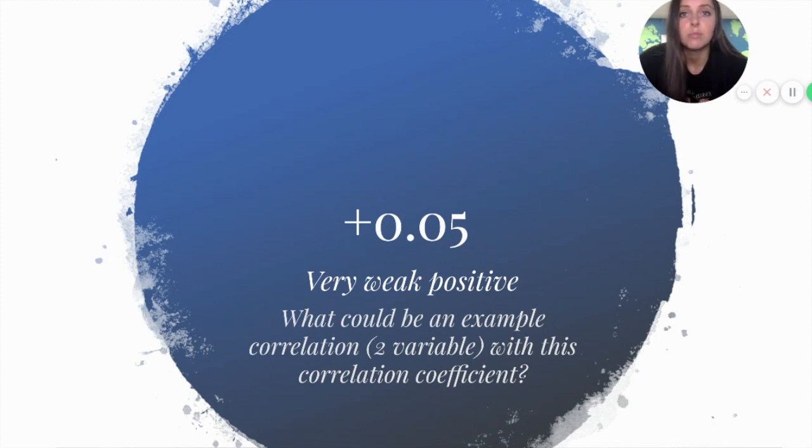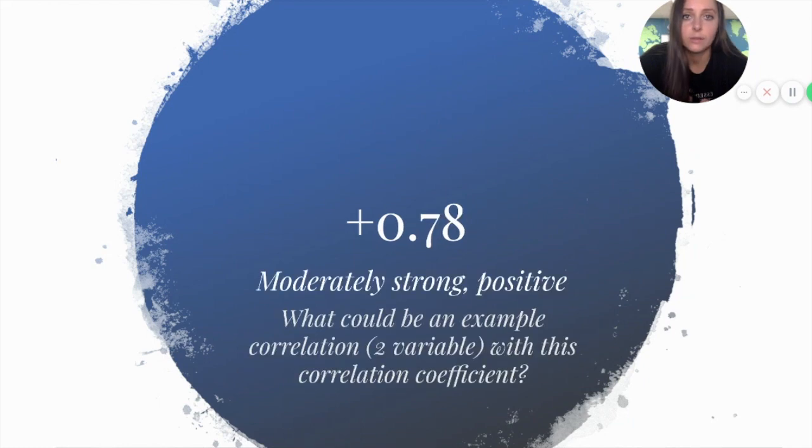So in this case, you could maybe say happiness increases with the more purple socks that you own. So they would technically be going in the same direction, but there's probably not a real relationship with happiness and purple socks. As opposed to this one could be as your height increases, your weight increases, right?